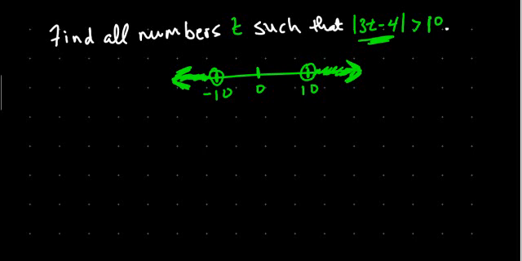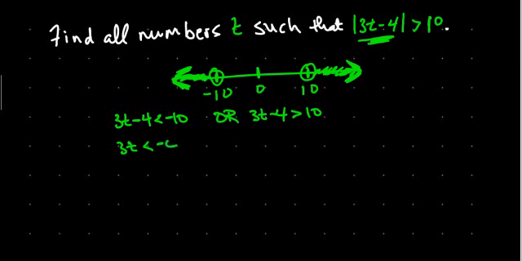That is, I get 3t minus 4 must be less than -10, or 3t minus 4 must be bigger than 10. Okay, so I'll just add 4 to both sides, get 3t is less than, when I add 4 I get -6, or 3t is bigger than 14.